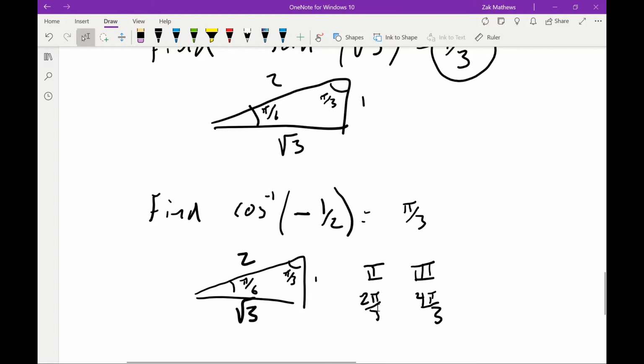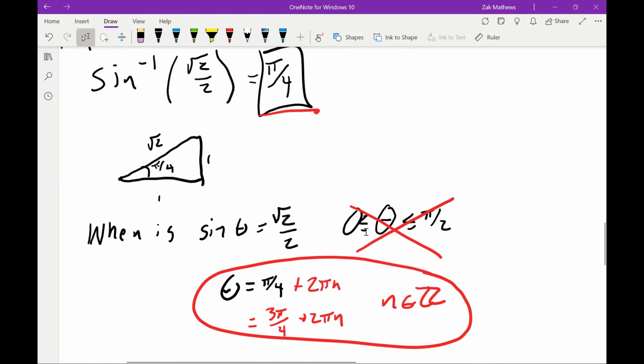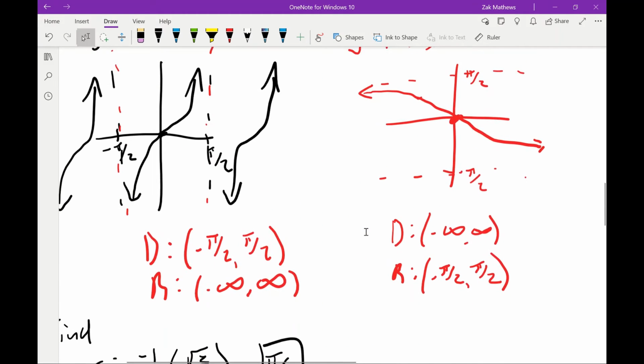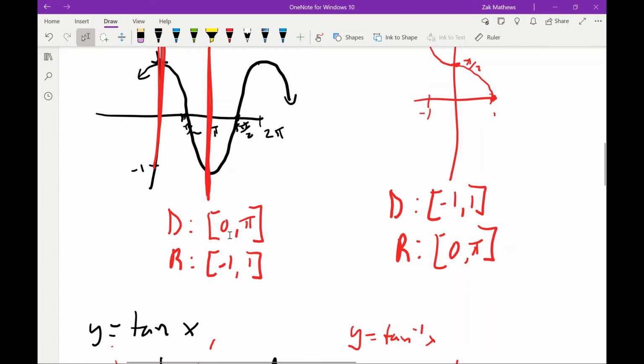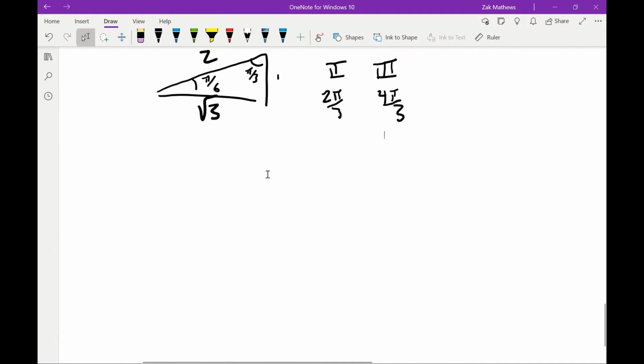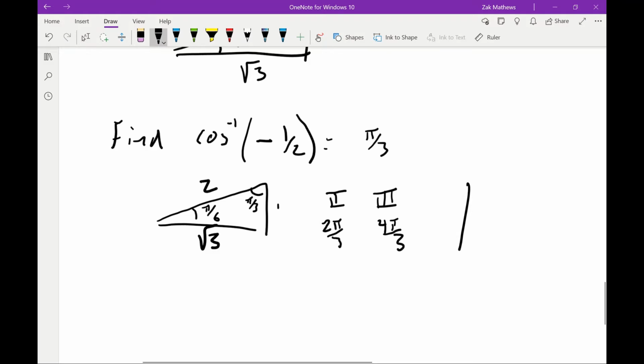Because cosine, remember, its domain was restricted to being between 0 and pi, that means it can only ever occur in the first or the second quadrant. Not thinking about the picture when it's stretched out, going from negative infinity to infinity on the domain, but thinking about the unit circle, where do we see that the cosine is negative?